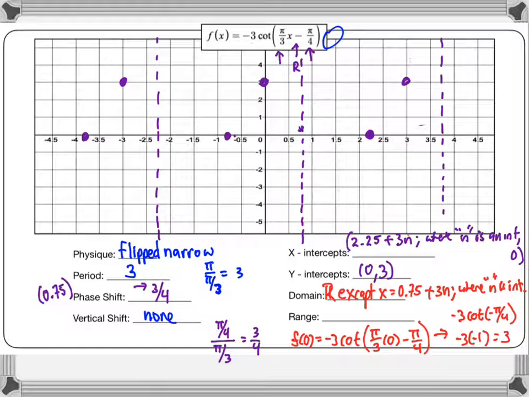And the range is going to be negative infinity to positive infinity.